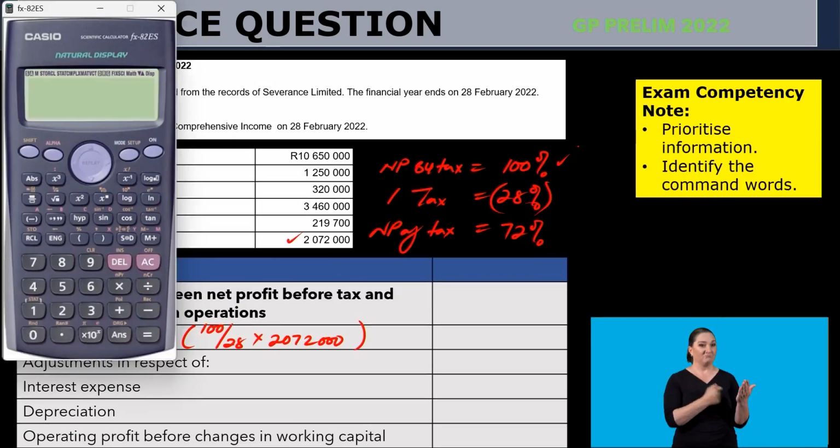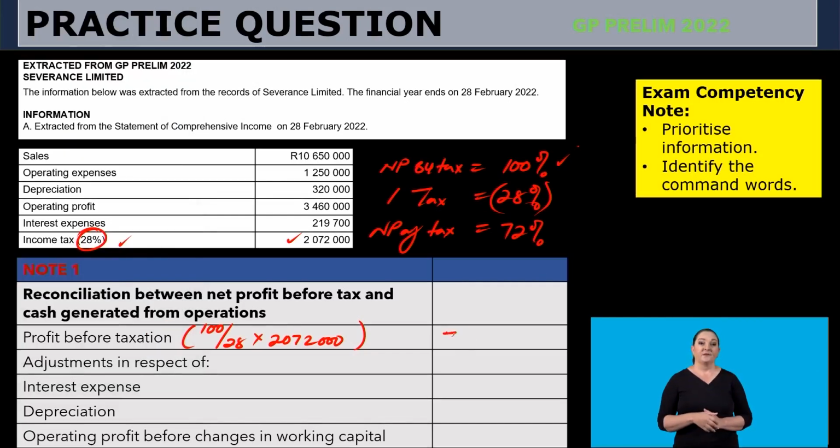What I want is 100. What I have is 28. Then I multiply all this by 2,072,000 because that is what I was given there. And then I end up with 7.4 million. So that means my net profit before tax is 7.4 million.